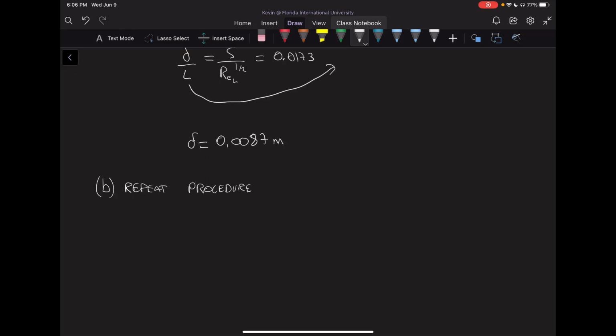But essentially for water, your delta would be equal to 0.0022 meters, and you would get that the drag is equal to 5.6 newtons. So you can double check those numbers.